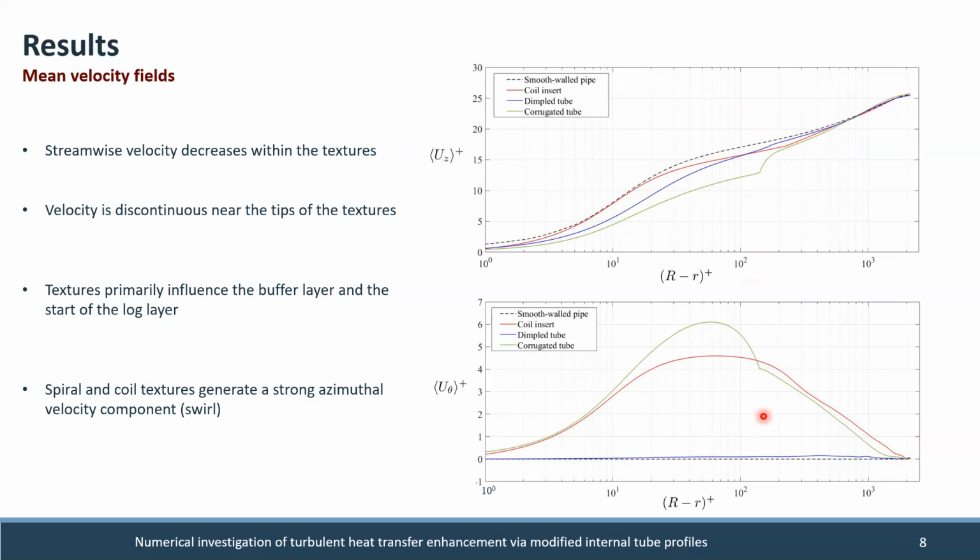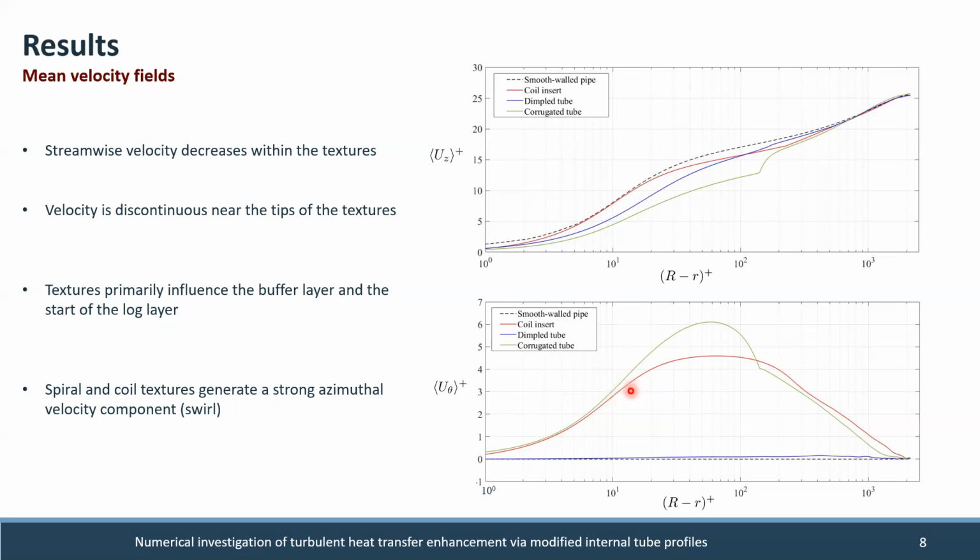This plot shows the azimuthal mean velocity, and it shows that the coil insert case and also the corrugated tube case added an azimuthal component to the velocity.